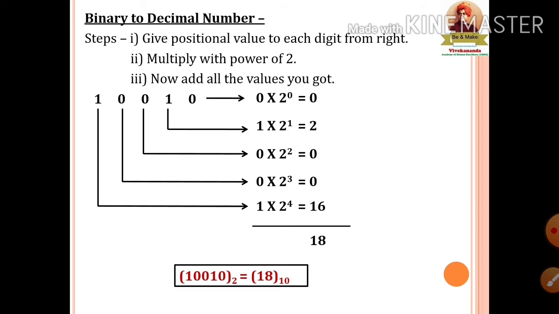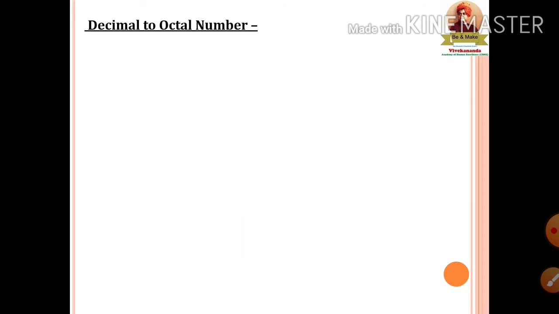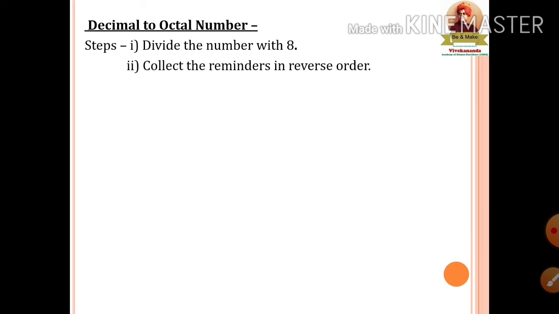Now we will move further to the next conversion, that is decimal to octal number system. To convert the decimal number system to the octal number system, we need to divide the number by 8, and we are going to collect the remainders in reverse order. How we perform the division operation will be shown over here.